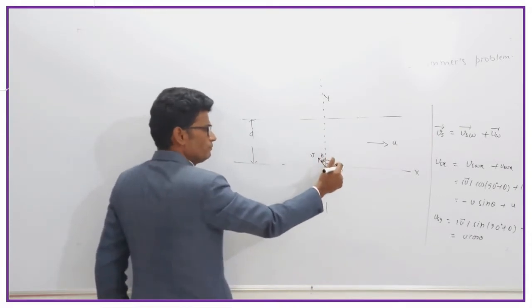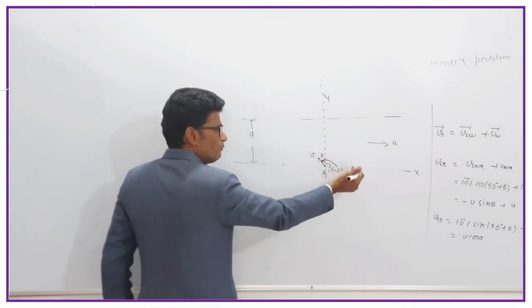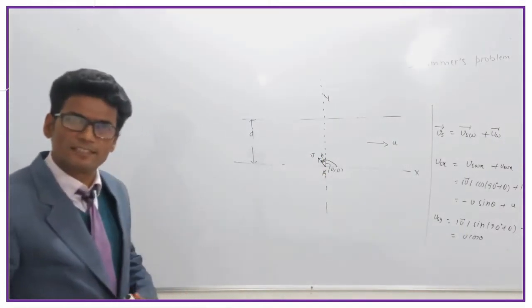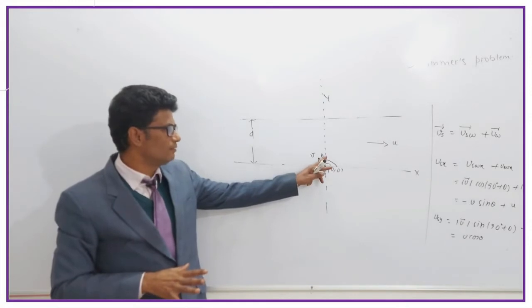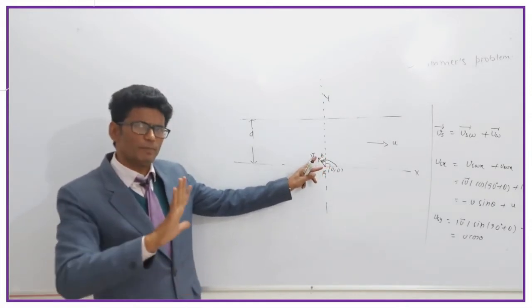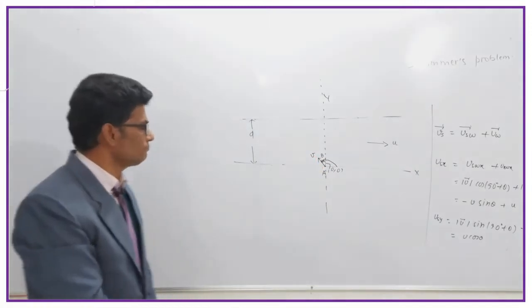So if in one particular problem angle is provided from flow, then we have to manage these angles in such a way that the result will be applicable when angle has been taken from the positive direction of y-axis in anti-clockwise sense. So we will manage these things later on, but right now take like that.